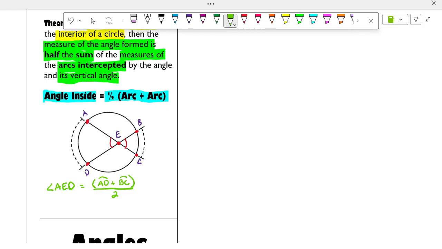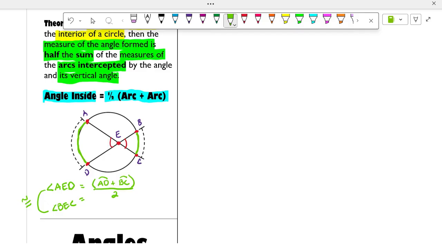All right. And that means that BEC would be the same thing because these angles are congruent. So those angles are congruent so that they both equal the same thing. So regardless of what these arc measures are, if we add them up and divide by 2, that would give us those 2 red angles on the inside.